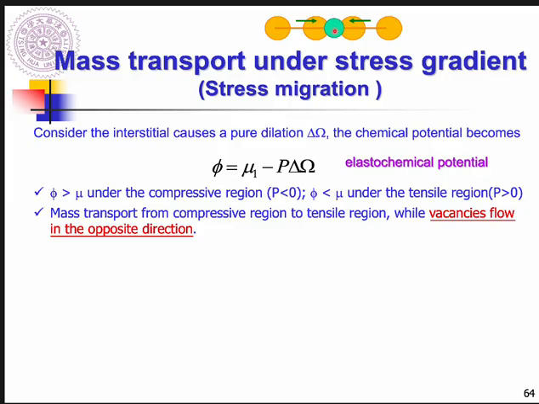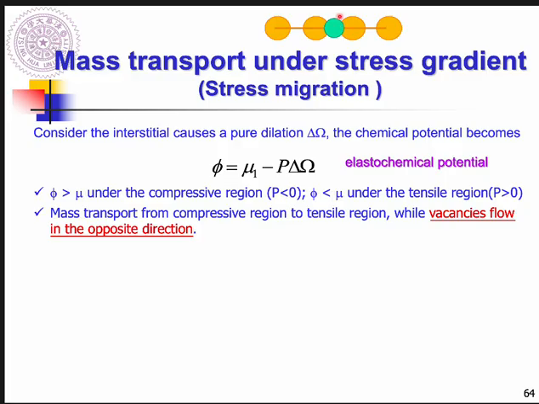So you insert this interstitial into the crystal, which means that you deliver work. So now the atoms have higher potential compared to what it was before you had it, which we call mu1.